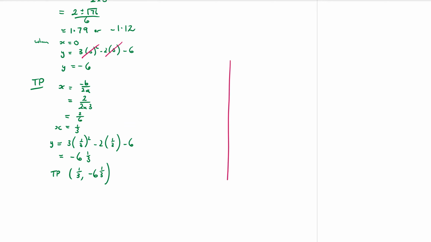So in the space you have left, draw up your Cartesian plane, x-axis and y-axis. The first thing we found was our x-intercepts, which were at 1.79, which I'm going to put here, and minus 1.12, which would be about there.